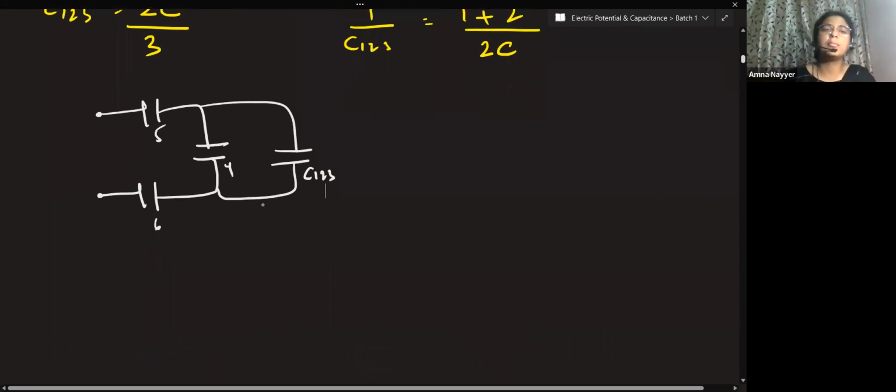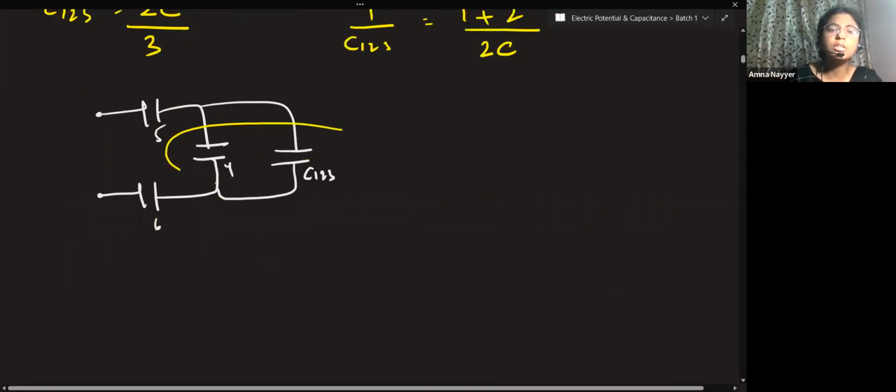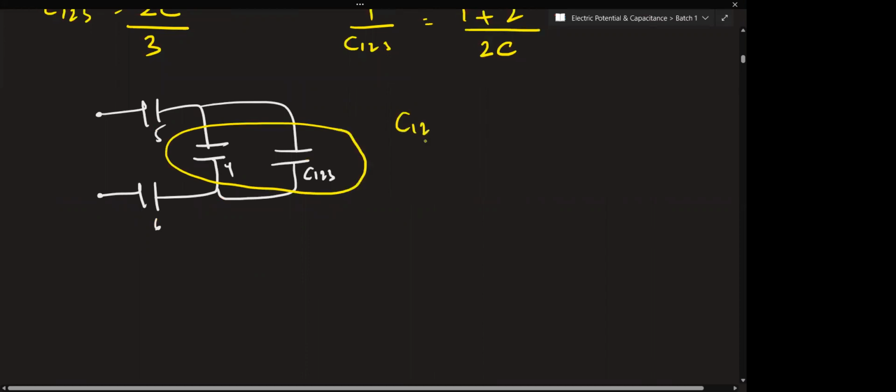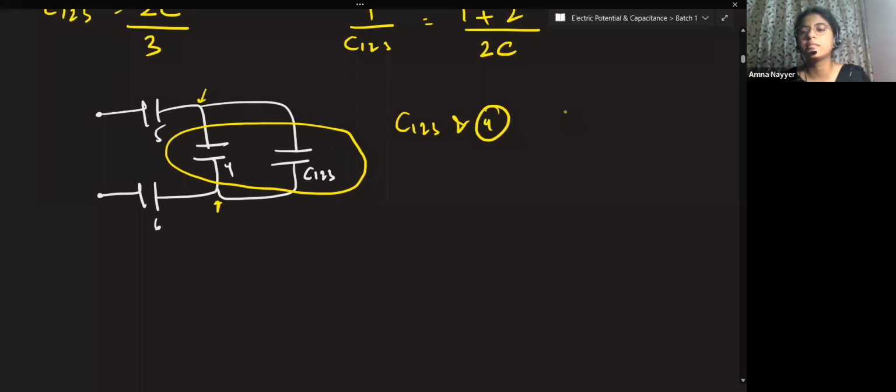Now Khalid, how are C123 and 4 connected? In parallel. See, because branching has occurred, charge will get divided, and branching doesn't affect your voltage, so they are connected in parallel.